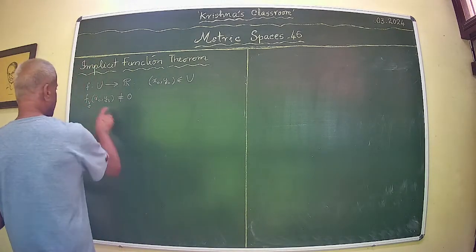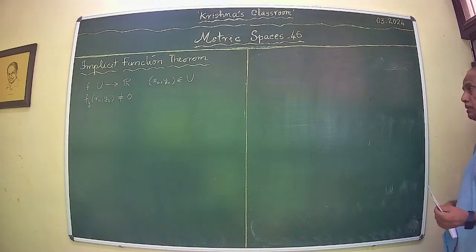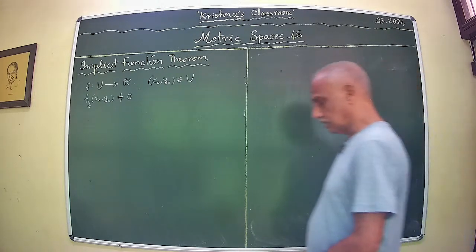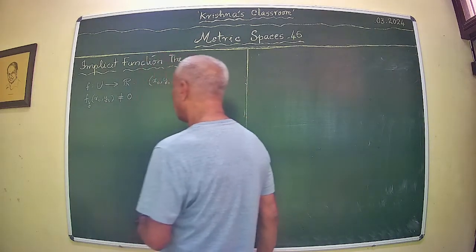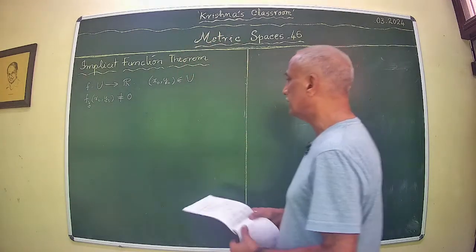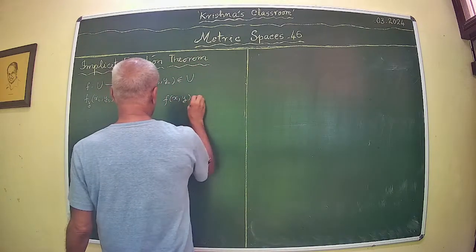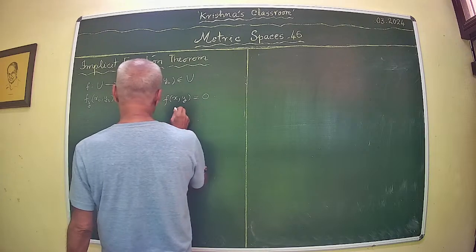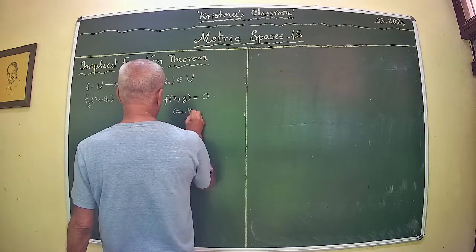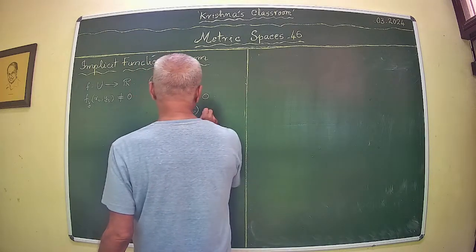Now in this scenario, we have seen two situations where either Fy at x0, y0 may be 0, and the consequence is that the curve that you have determined by f of x, y equal to 0 passes through the point x0, y0, because you have f of x0, y0 equal to 0.